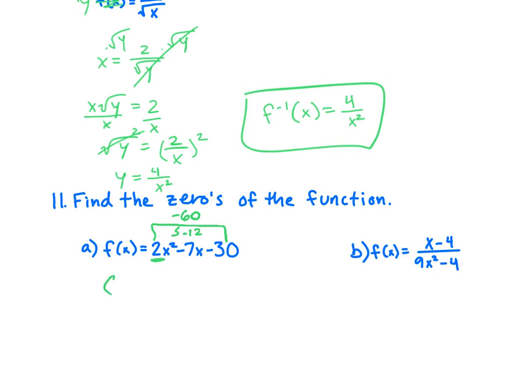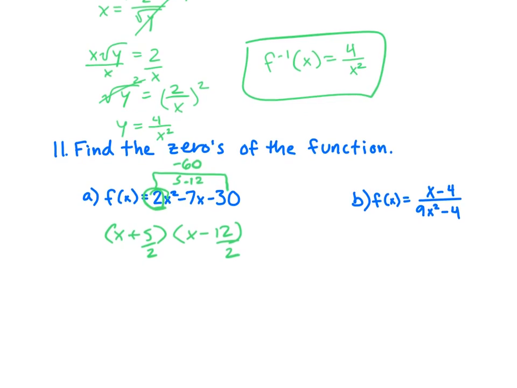So we plug those into our parentheses. We have x plus 5 and x minus 12. And then we can't forget about this 2 out front, so we need to divide both of our numbers in our parentheses by 2. If it doesn't go in evenly, if it doesn't look pretty when it divides, we move the 2 to the front. So we have 2x plus 5. And then here it divides in evenly, so we just simplify. This will be x minus 6.